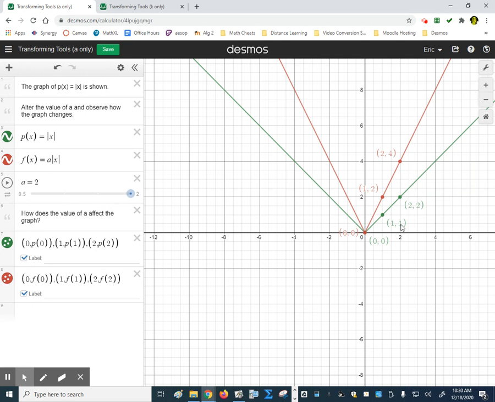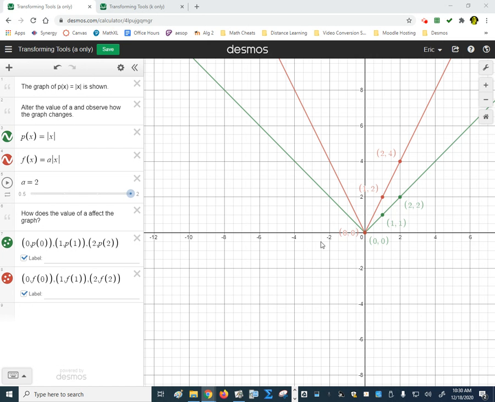My y value increases from 1 to 2. If my y value used to be 2, I'm multiplying that by 2, and now it's becoming 4, right? The y coordinate is just the distance from the x-axis, isn't it? So the vertical distance from the x-axis is what is being multiplied by a. Everybody see that?